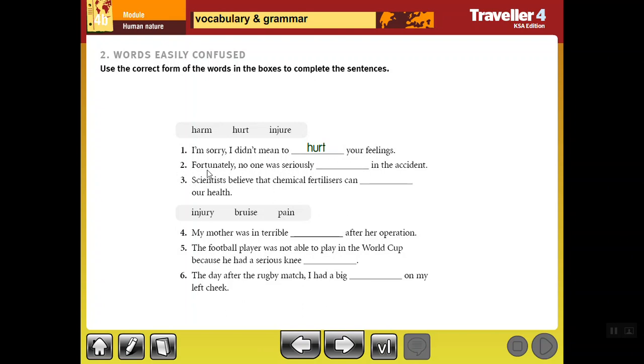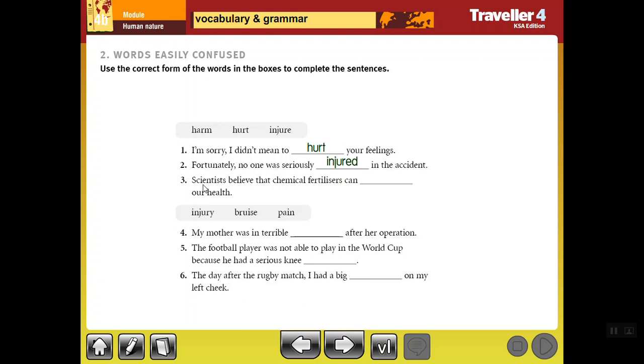Number 2. Fortunately, no one was seriously ___ in the accident. In the accident, sometimes people get injured. إصابة جرح. So no one was seriously injured in the accident.